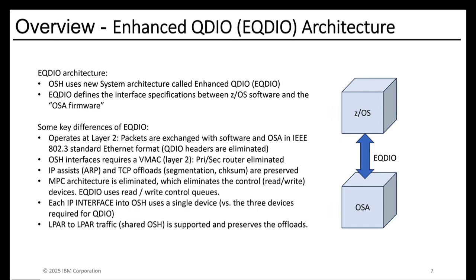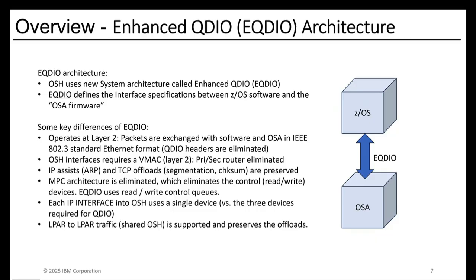So primary-secondary routing functionality is gone. Every interface will have a VMAC. IP assists and TCP offloads, of course, those cost-saving functions will still be available. They're very important to z/OS customers. And so that bullet seems to contradict the pure layer 2. So we are pure layer 2, but we still get our offloads and assists.